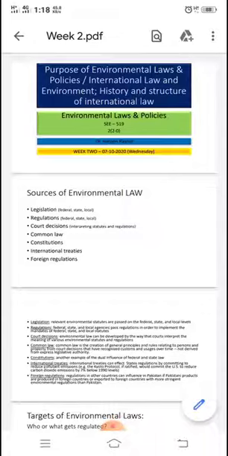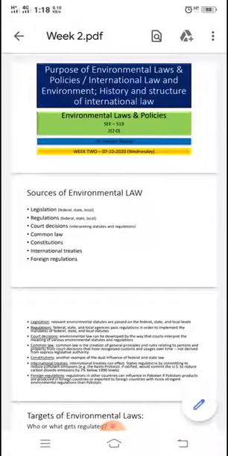Today is our second week of this course, and in this course, we will first of all have a brief revision of the previous lecture, and then we will further study about international law and the structure of international law. One more thing which is important for today's lecture is to define what is the purpose of our environmental laws.